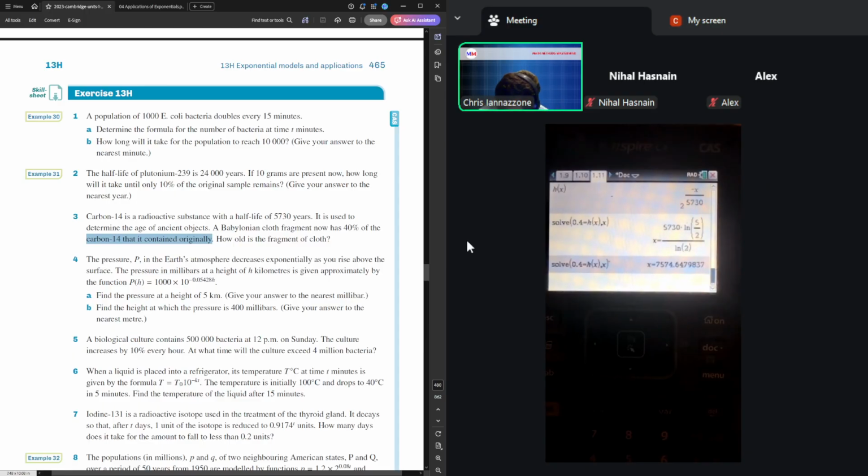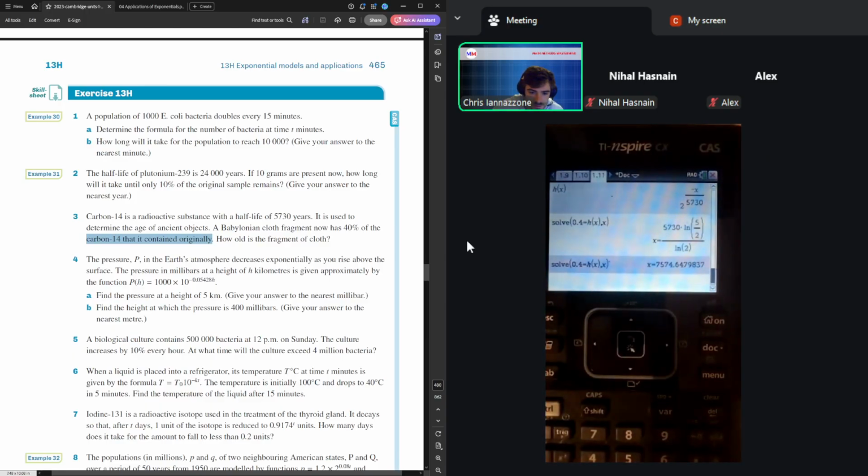So that gives us a time of 7,575 years. Does that make enough sense? Well, it should be bigger than the half-life at the very least. Half-life will get it down to 50%, and that was 5,730 years, which is in fact a smaller number of years than what we just achieved here. But comparable enough to where we're probably happy enough that we've done our math correctly here.